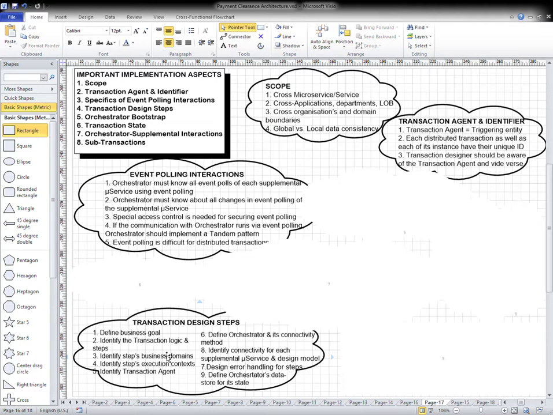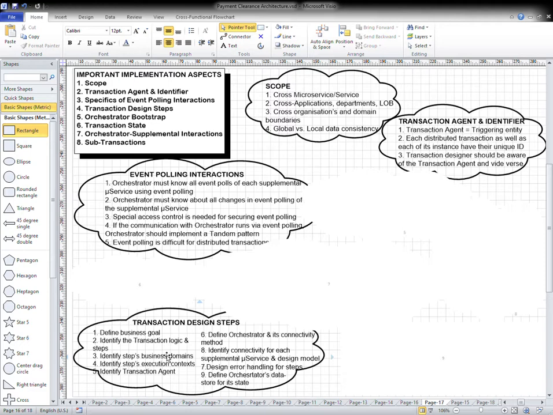We have to identify the transaction agent to be sure that the transaction can be triggered, and only then define the orchestrator and its connectivity method, that means the transaction manager. Then we have to identify connectivity for each supplemental microservice in their design, and the orchestrator should be aware of those connectivities.